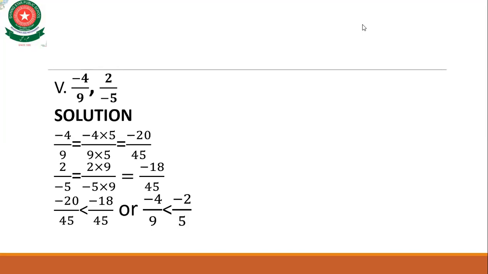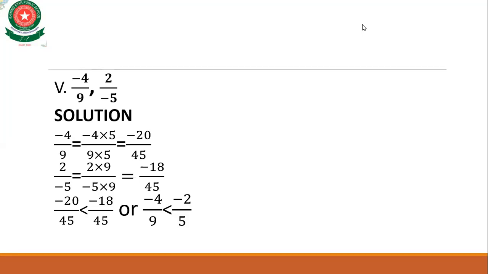Now minus 4 by 9 is equal to, we have to multiply 5 with 9 to get 45. So we will multiply 5 with numerator and denominator. So the equation will be minus 4 multiplied by 5 over 9 multiplied by 5, which is equal to minus 20 over 45.